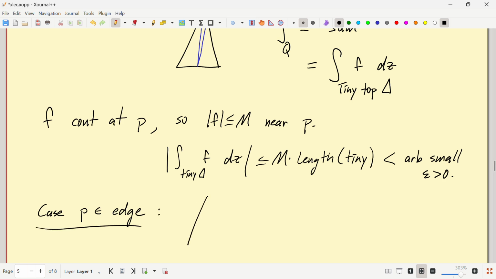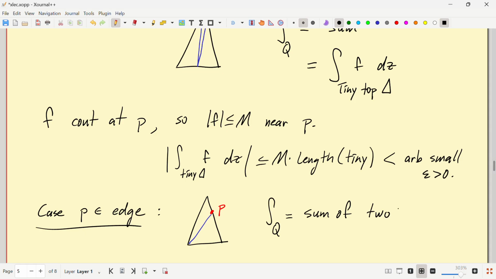Then I'd have my P like this, on an edge, and I would cut it into two triangles and see that the integral around this Q would be the sum of 2. I do the going around counterclockwise, and you'd see they cancel again.